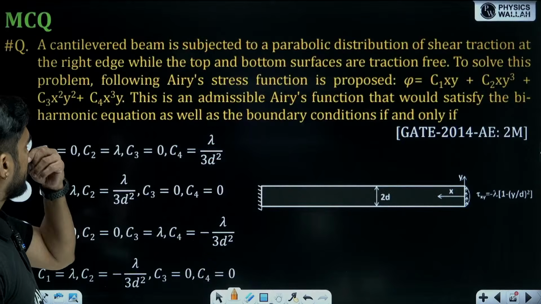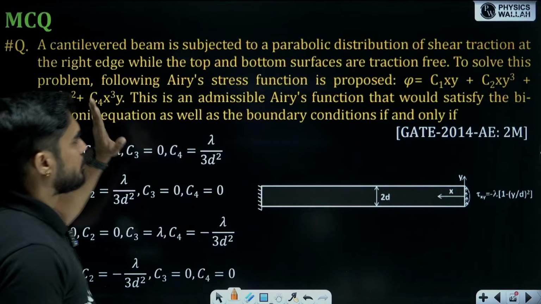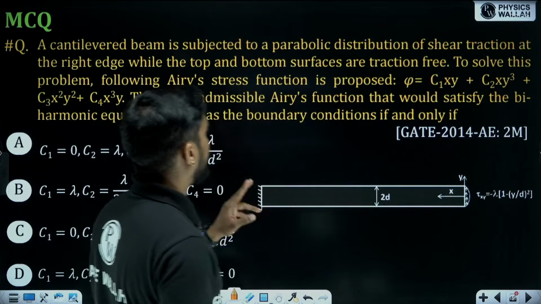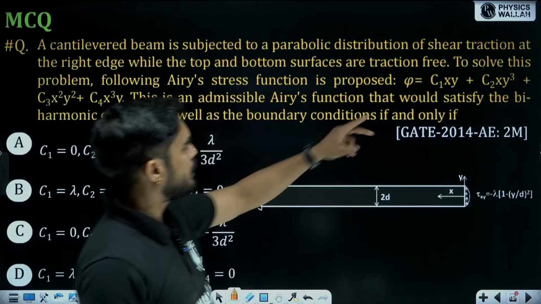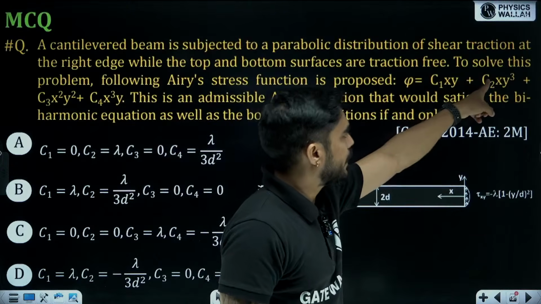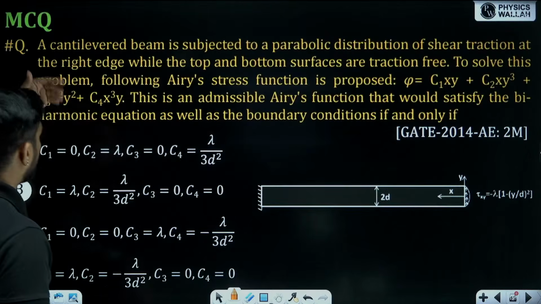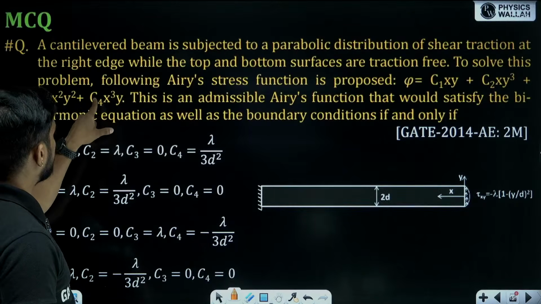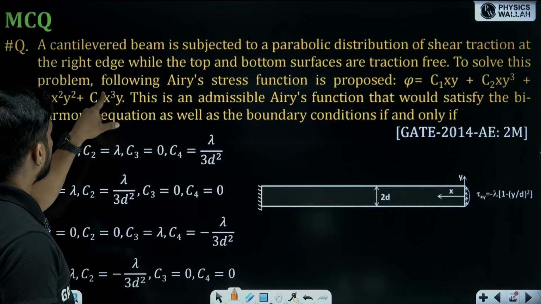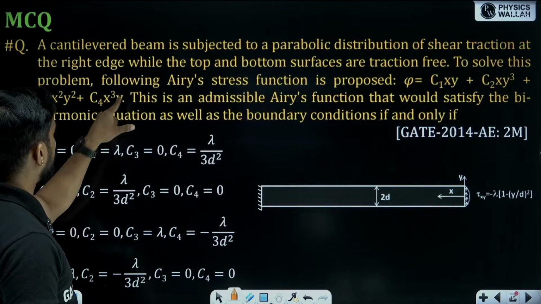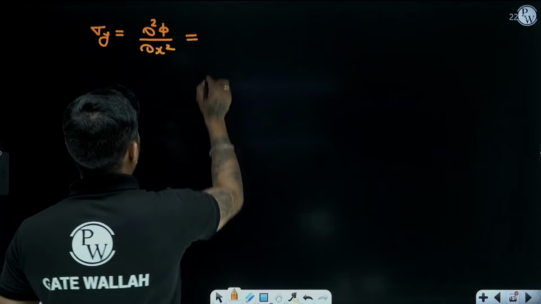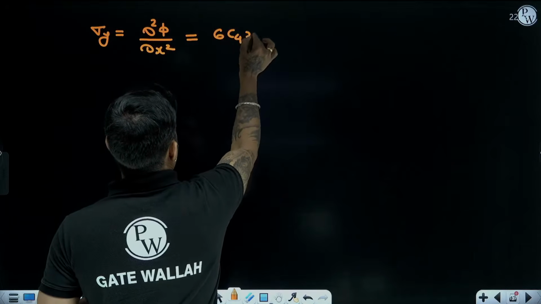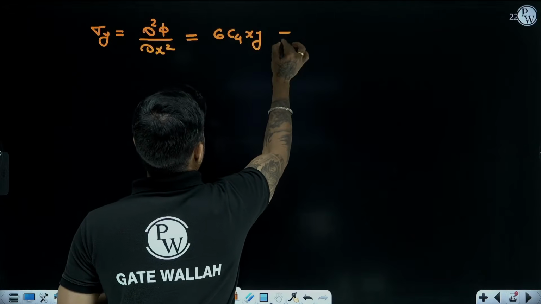So C3 is already 0. If you differentiate it with respect to x 2 times, the first one will be gone, second one will be gone, third one is already gone, fourth one will survive. This will become 3c4 x square y, then 6c4 xy, which is 0.